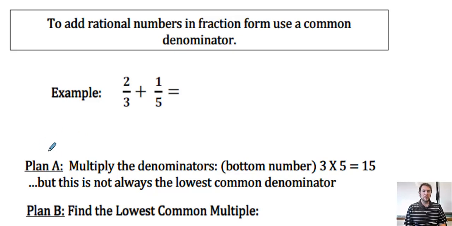Strategy number 1, or plan A, is to just multiply the denominators. If I take 3 and multiply it by 5, I get 15. That 15 is something we can use as our new denominator. We can turn this into something that, instead of being over 3, is over 15, and do the same thing for this one: instead of being over 5, it can be over 15.